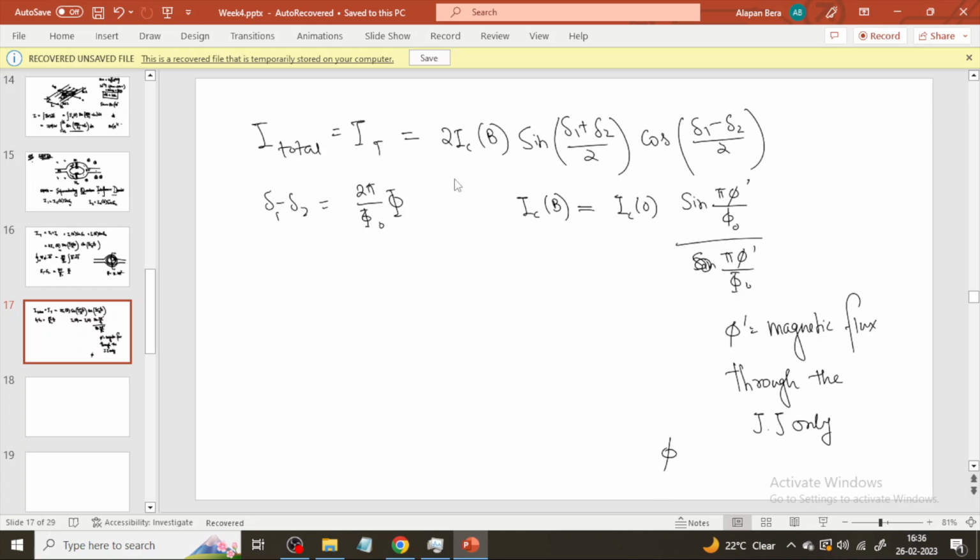And this phi is the flux through the SQUID loop.